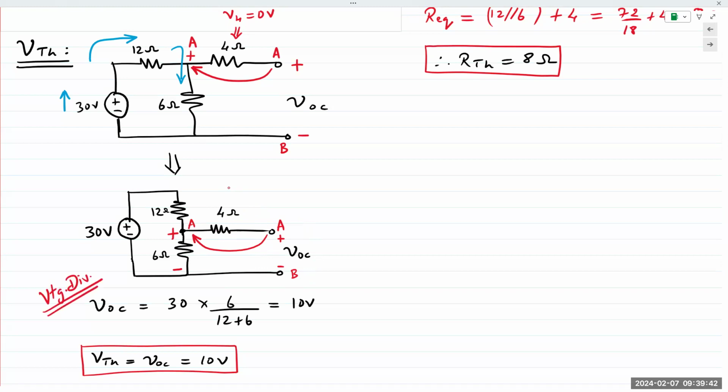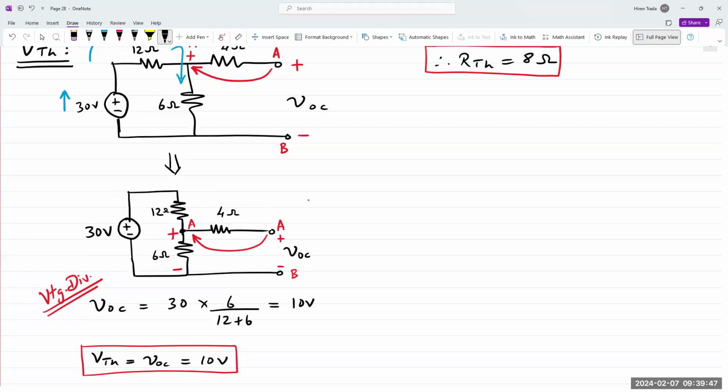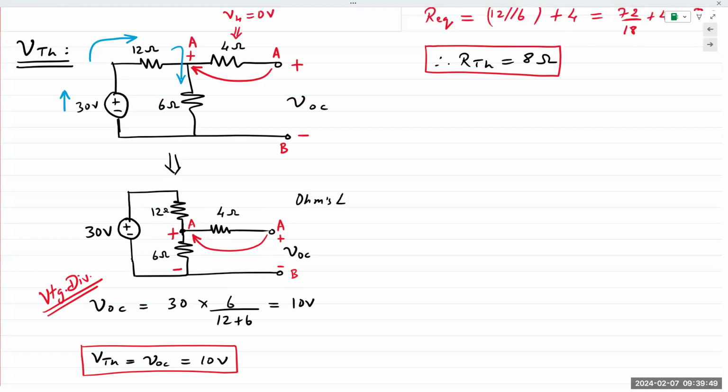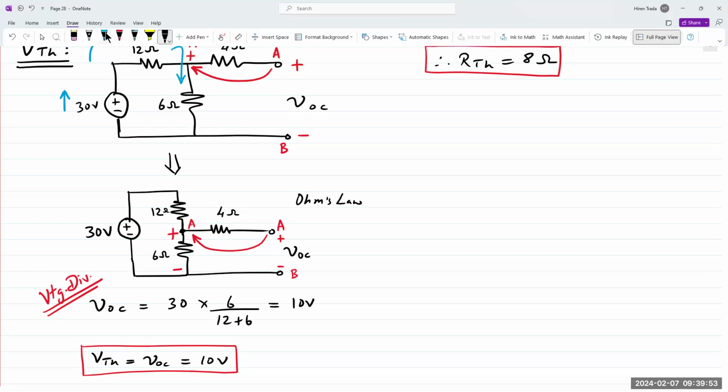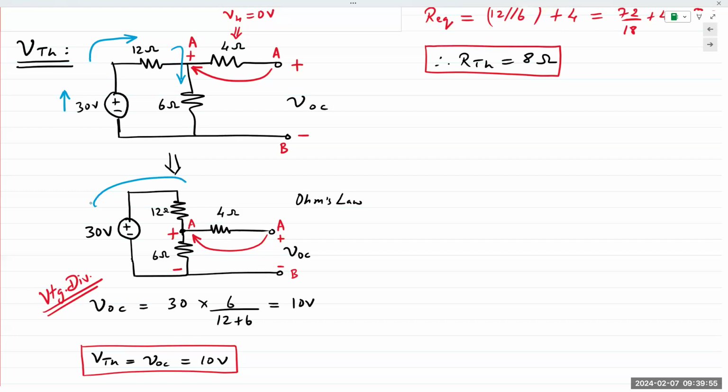But we can apply Ohm's law and find the current that is flowing through the circuit. This current I will be the same for 12 and 6 because of the series connection. Nothing is going down this pathway. Nothing is going through 4 ohms. All of the current supplied by the 30 volt source is going through 12 and it's also going through 6.